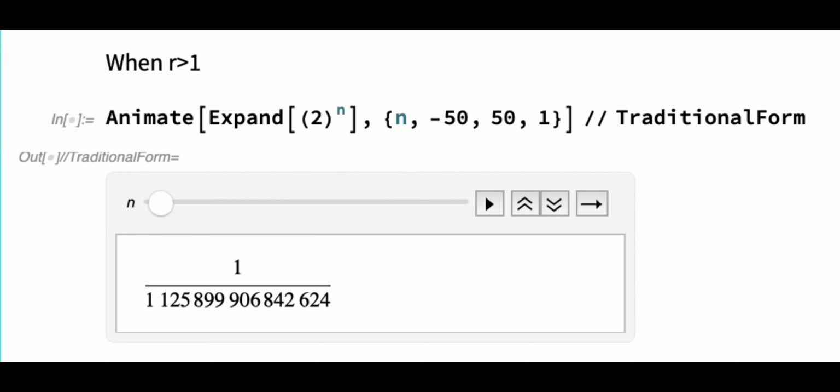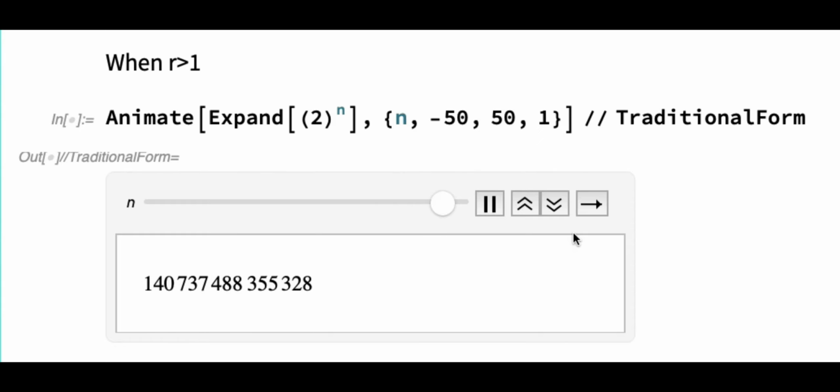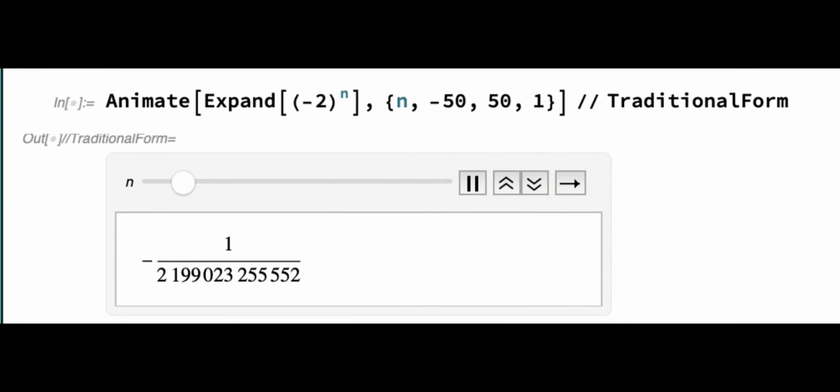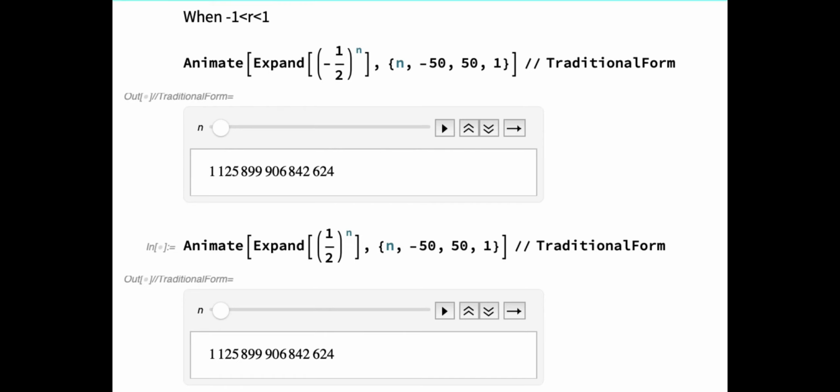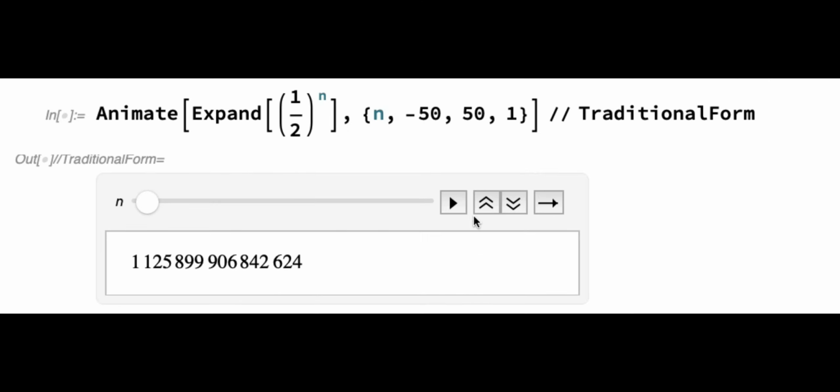If the common ratio, or r, is greater than 1, then as the exponent goes to infinity, it would keep increasing and diverges to positive infinity. On the other hand, if it was less than or equal to -1, then it would oscillate. When n is odd, it would be negative, and when n is even, it would be positive, and it does not converge to anything.